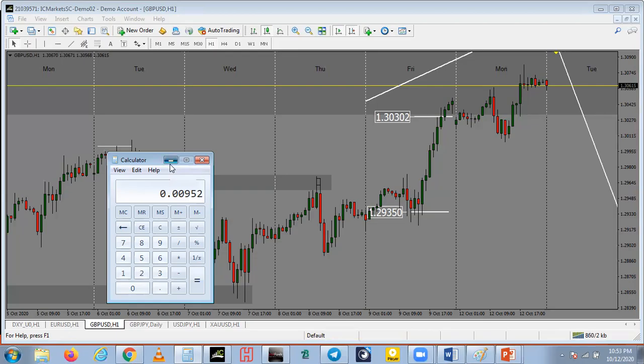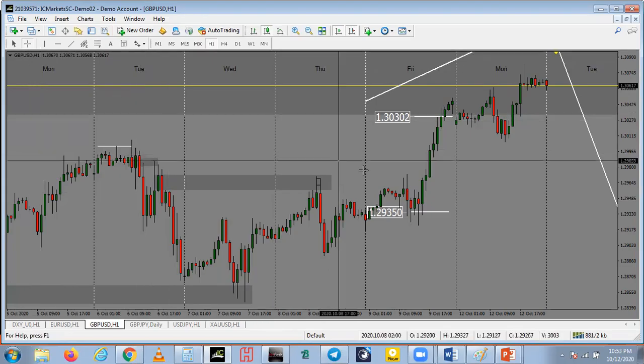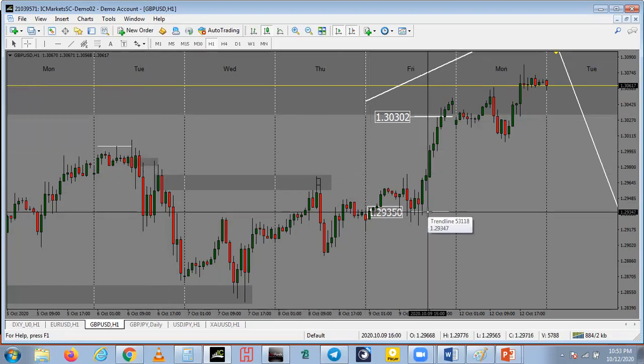So that's how we measure it. There's also a way we can do it if you're using the computer. You come to this icon here that looks like a cross. You also use it to measure. Or if you don't have it on your toolbar, you can just press Control F. Then you put it on your entry and push it up. You can see that 95.